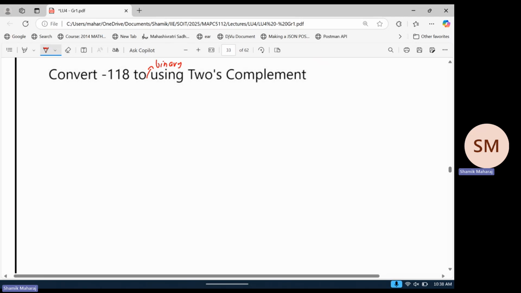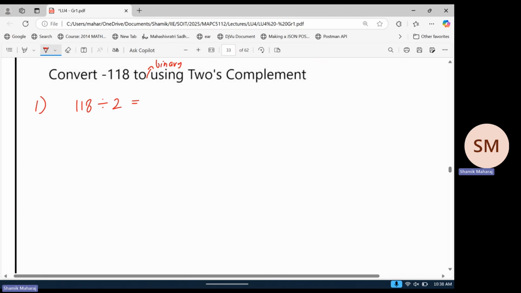According to step 1, that we can do. So again, I'm going to just open up the calculator and do this quickly without wasting too much time. It's a big number though, so it's going to take a few steps to do this. 118 divided by 2 is probably 59.